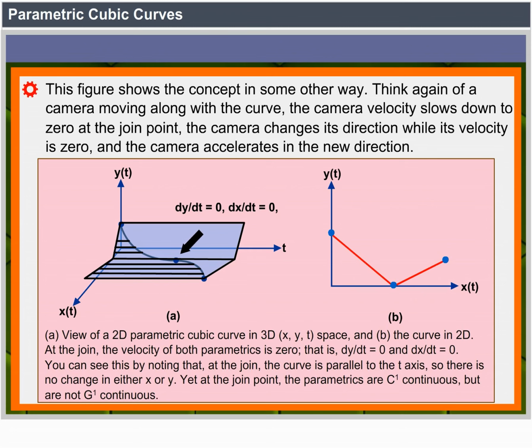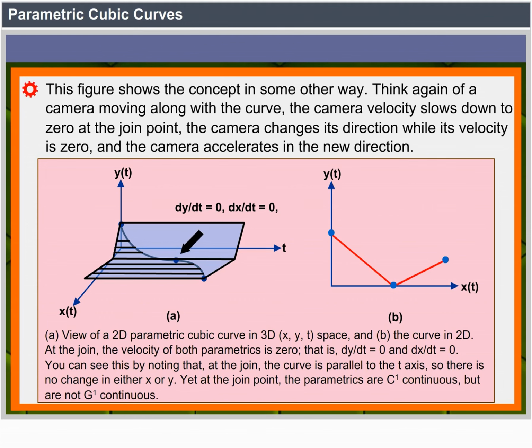At the join, the velocity of both parametrics is 0. That is, dy/dt is 0 and dx/dt is also 0. You can see this by noting that at the join, the curve is parallel to the t-axis, so there is no change in either x or y. Yet at this join point, the parametrics are C1 continuous but are not G1 continuous.